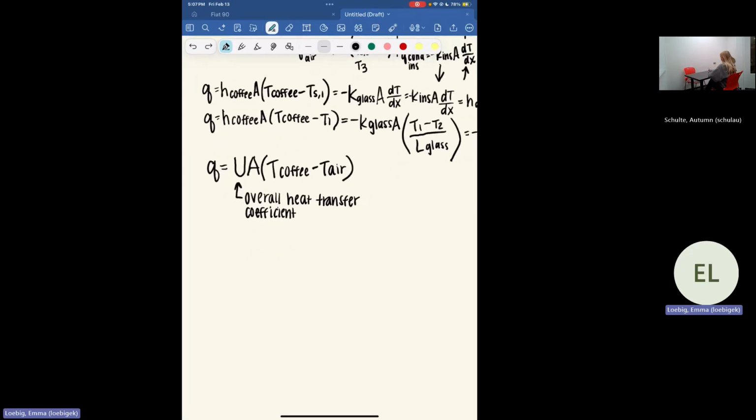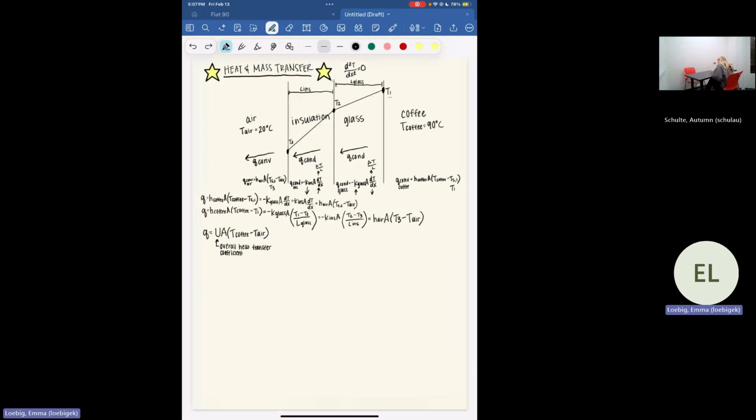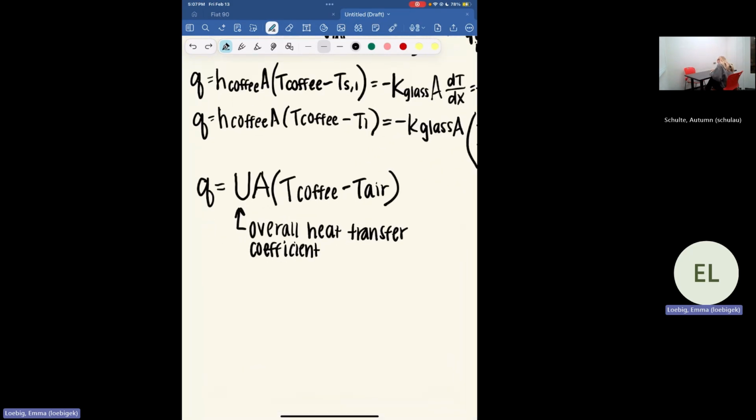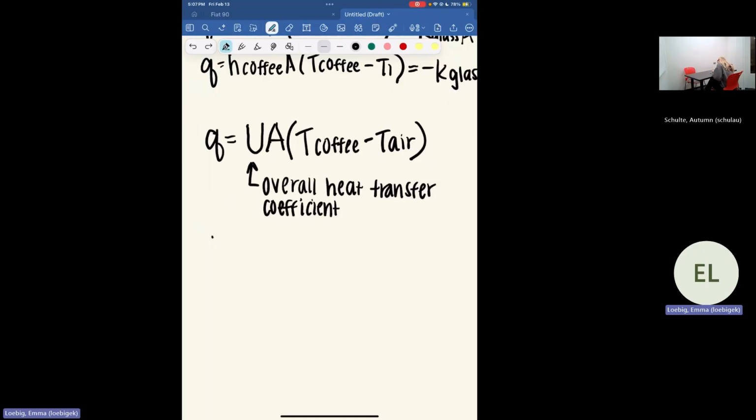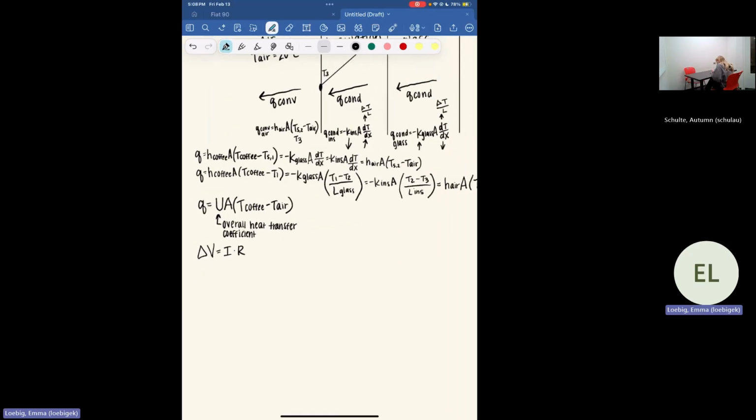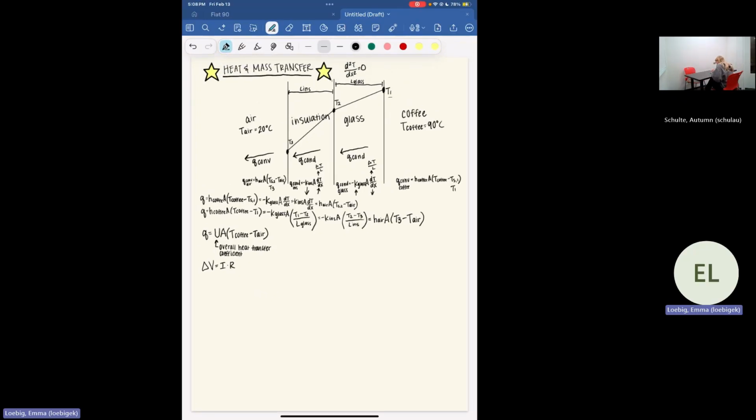Now I want to introduce something that is very different, because we can actually relate this to Ohm's law. The change in voltage is equal to the current times the resistance. Because I want to start talking about thermal resistance through each of these.